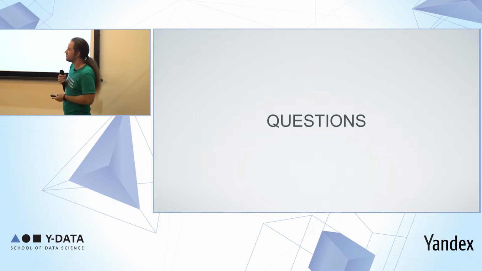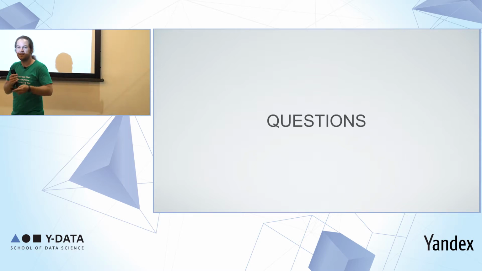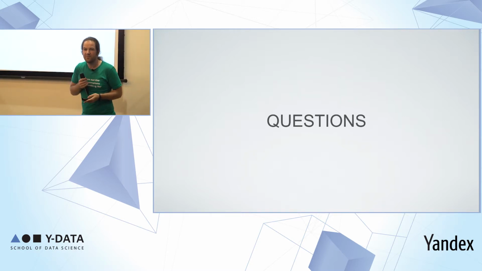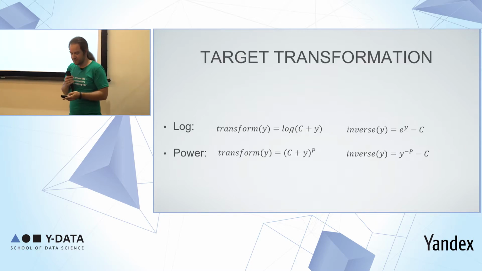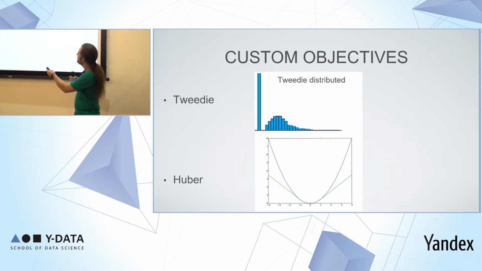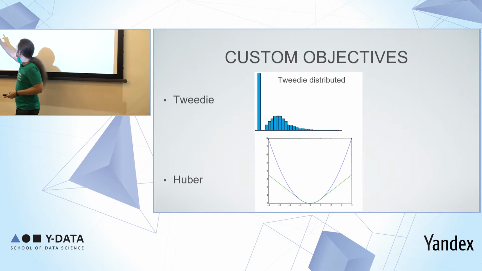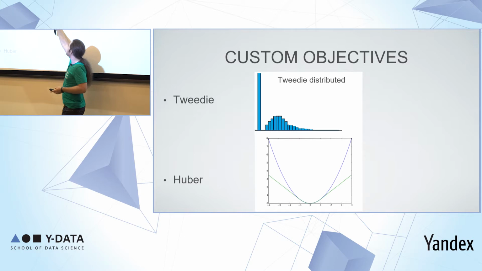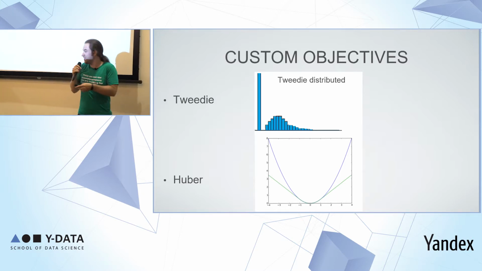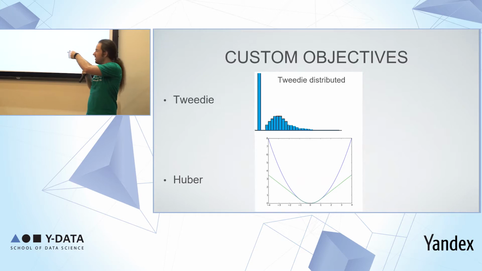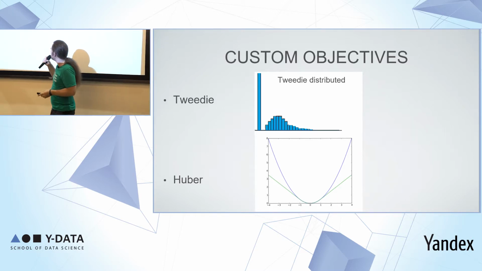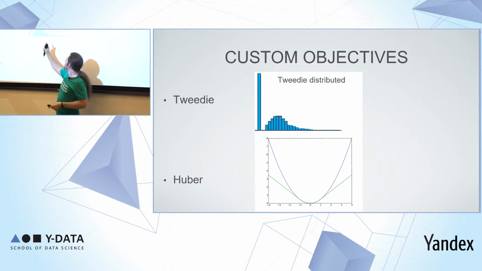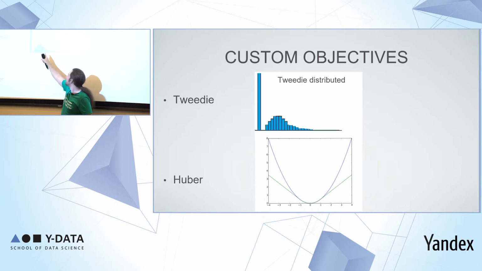Okay, so around the custom objectives and transformations, maybe you have some questions. What is the idea behind the transformations? Why are you using them? Let's, for example, look at this distribution. Let's forget about this part and just look at this part. You see that it has a long tail. So the median value would be around here, and the mean value would be around here. So it would not be the same.